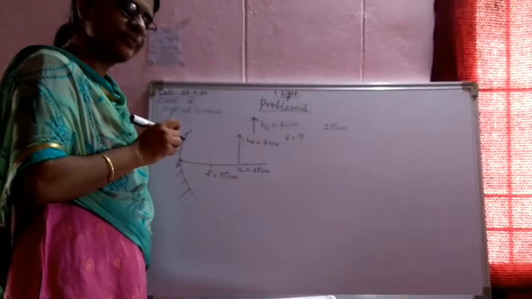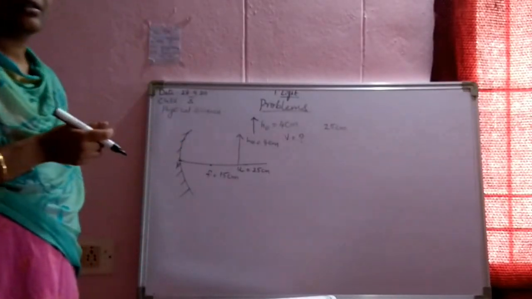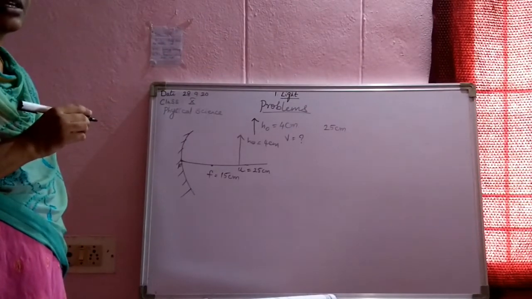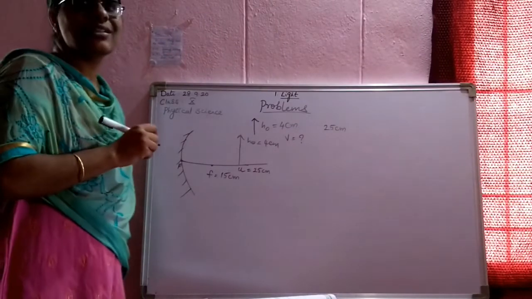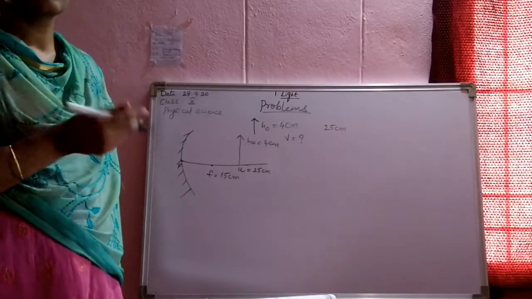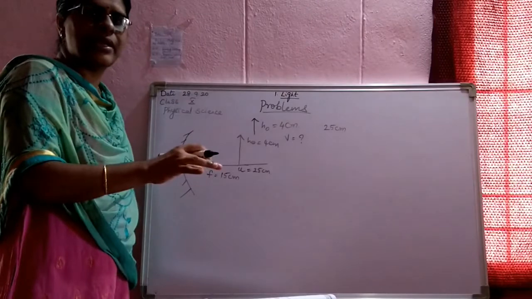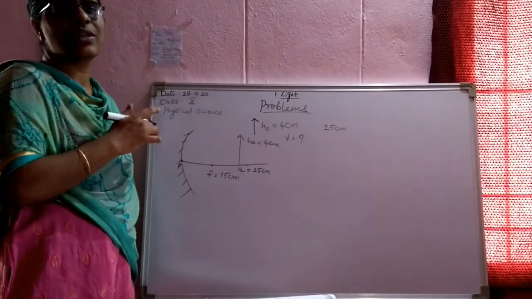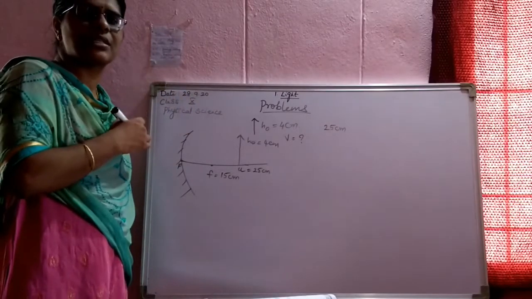We also need to find the nature and size of the image. That means whether it is a real, inverted image, or an erect, virtual image, can be found out from this.